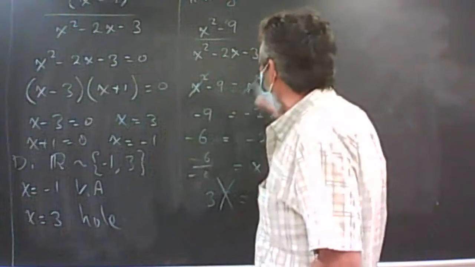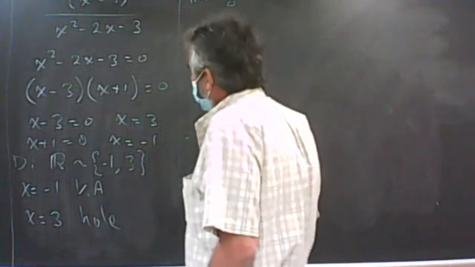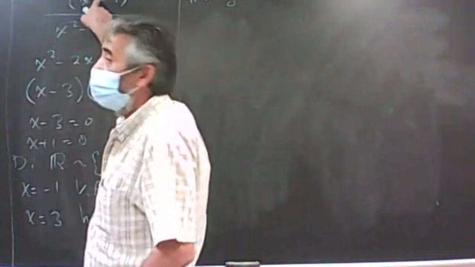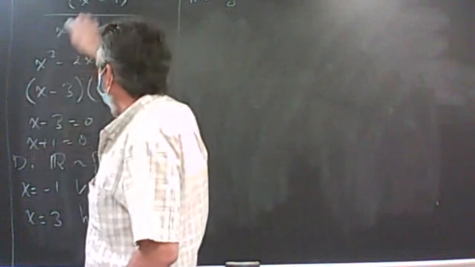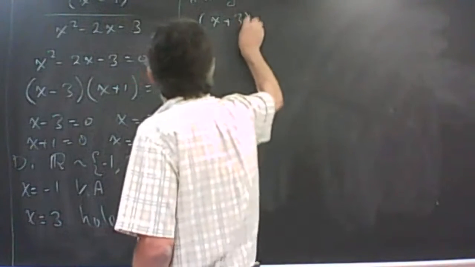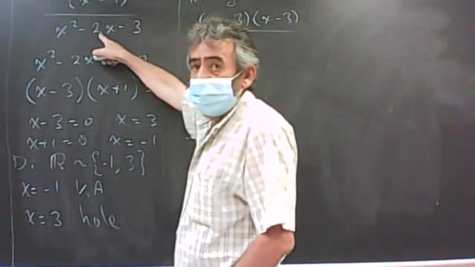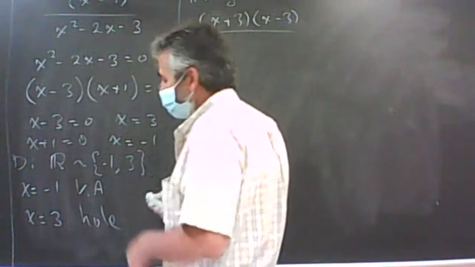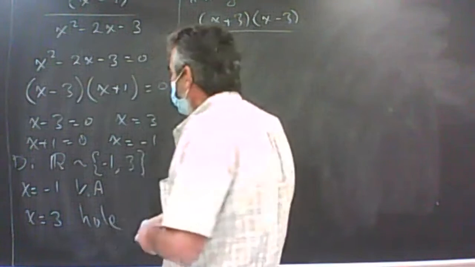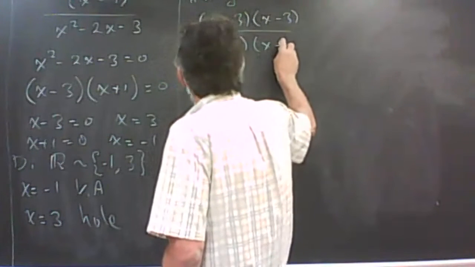Now, if you don't want to get into this situation, here's how you do it better. Let's erase this. Now, notice, did we say x equals 3 is a 0 on top? Yeah? So that means it's a factor, correct? This is what I'm going to do. x plus 3, x minus 3 over, we already factored that one, yes? Which is x minus 3, x plus 1.